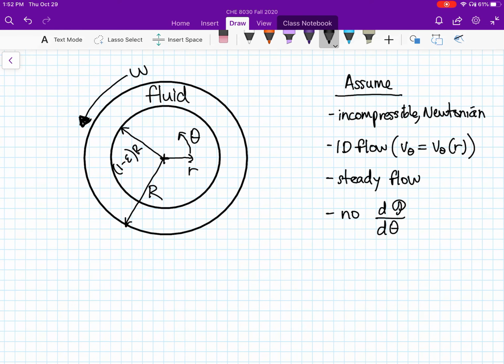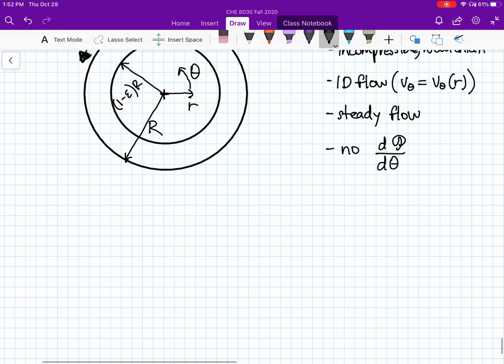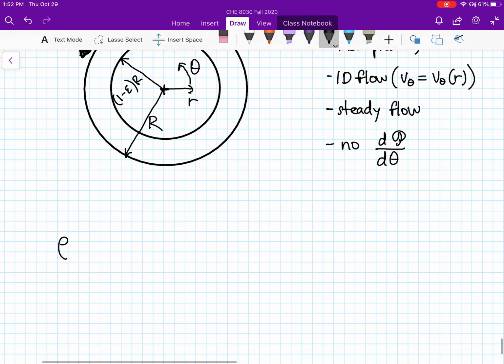So we will again start with our Navier-Stokes equation and the continuity equation. We'll write those out in their full form and then simplify them.